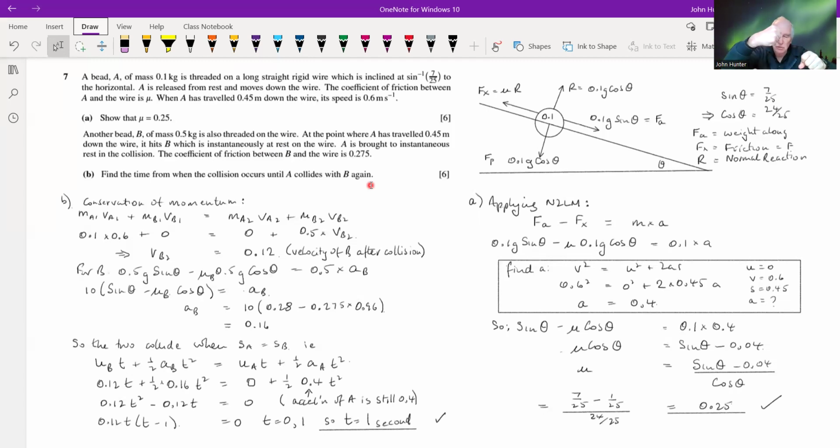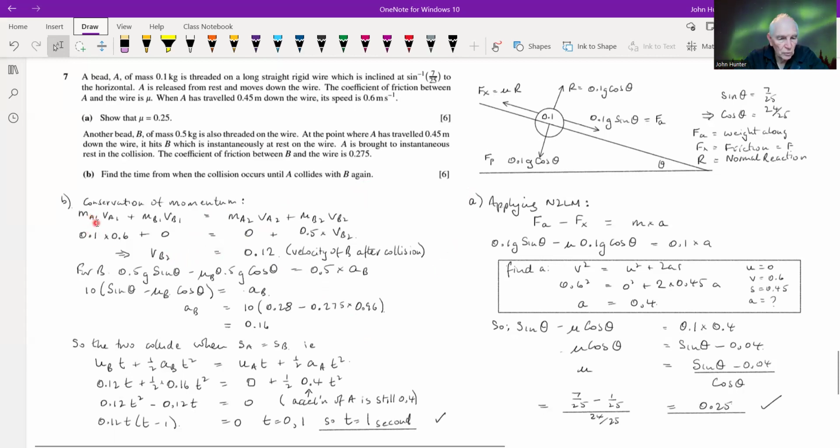This one as a result of the collision stops, but because it's still got the same forces on it as it had before the collision, this A is going to start moving again. In actual fact, they're only going to collide again if it's accelerating at a greater rate than the particle that's hit. So a bit of a kind of odd thing, really, but that's the basic idea.